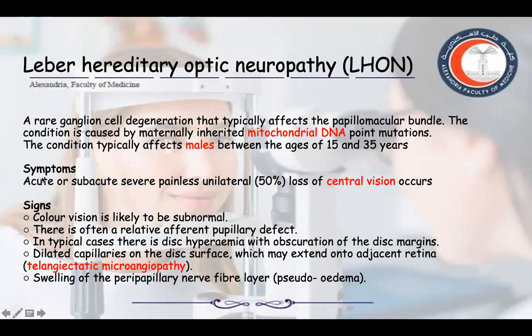35. Symptoms are acute severe painless unilateral loss of the central vision because the affection is in the papillomacular bundle. Signs: color vision is likely to be abnormal, of course RAPD. There is disc hyperemia with obscuration of the disc margins. A very characteristic sign in Leber hereditary optic neuropathy is the telangiectatic microangiopathy.